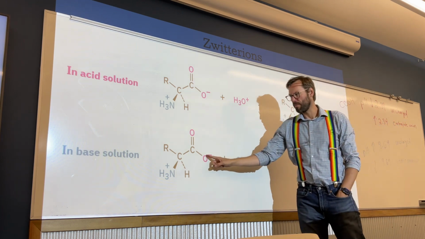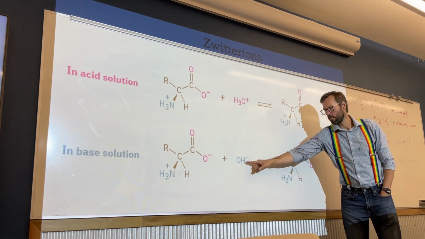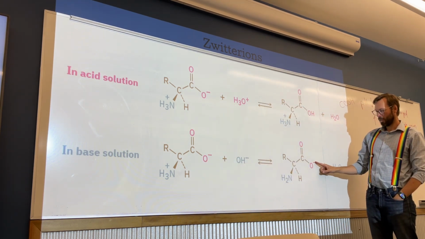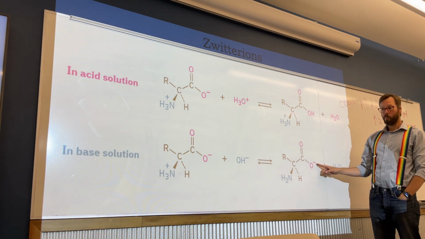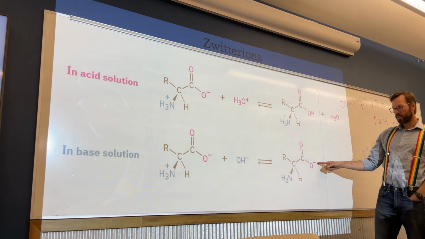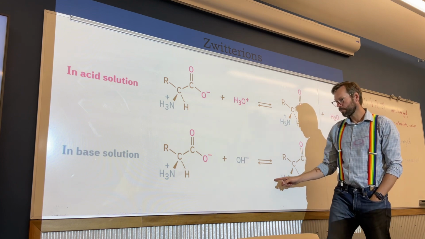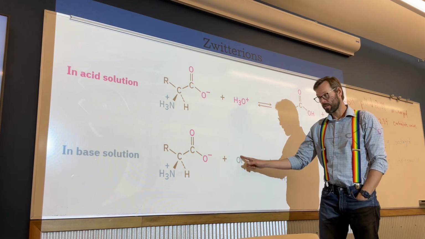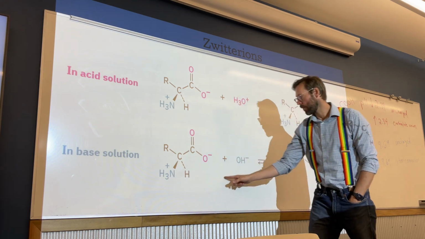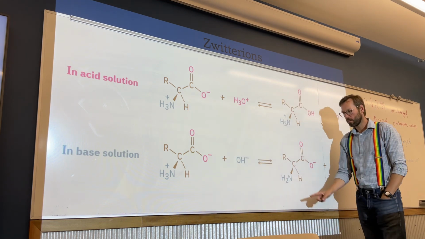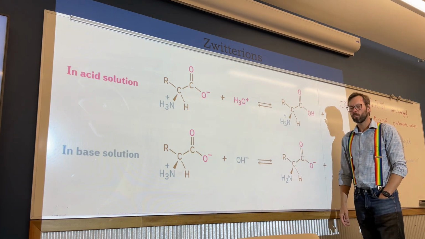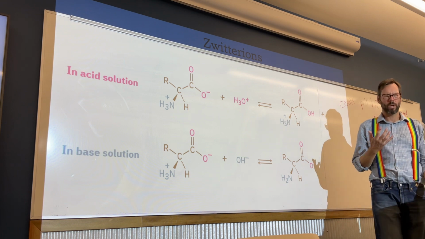Conversely, if we're in a basic solution, here, it's going to be the acid. Right? And what's going to accept a hydrogen? Yes, this is going to kick off a hydrogen and we're going to make water. Right? So that's what the Zwitter ion means.